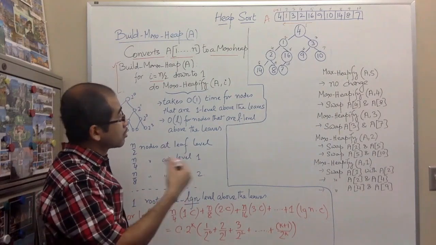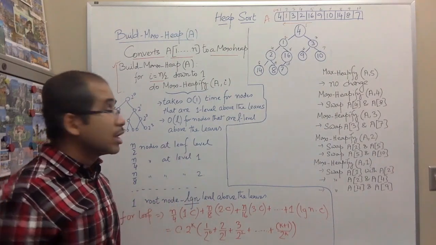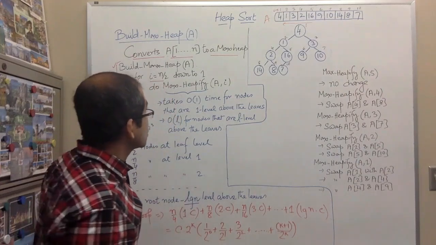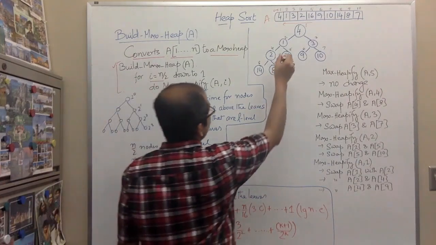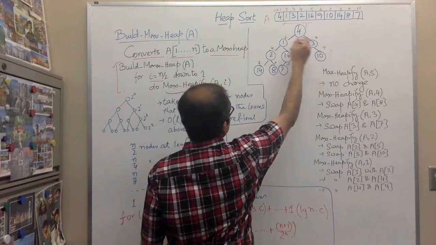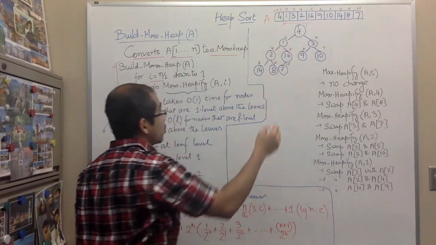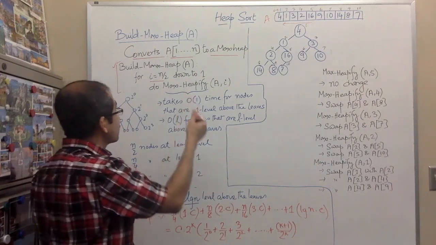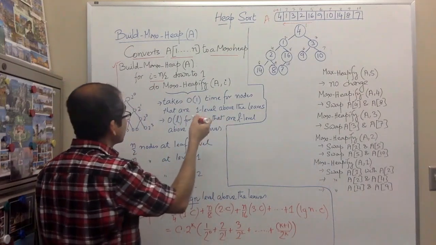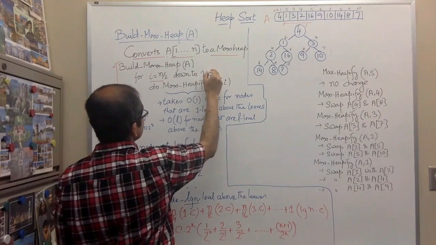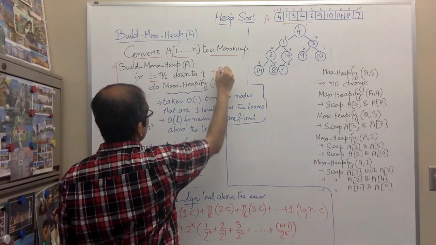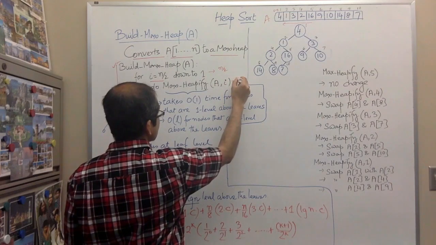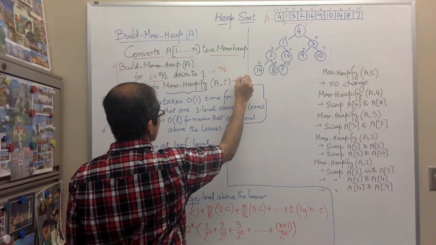Then we run max heapify on every element, and whenever we see there is a violation, we keep fixing it. So we are going from lower to higher. What will be the runtime complexity of this algorithm? The loop runs n by 2 times, and max heapify, as we have already shown, is order of log n.